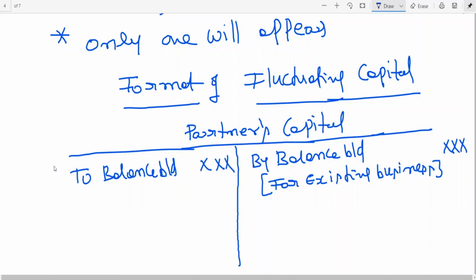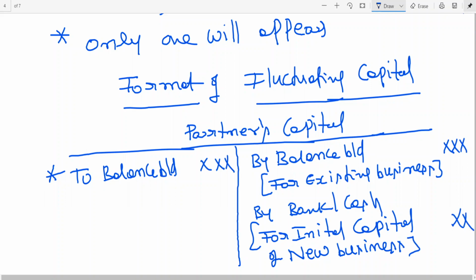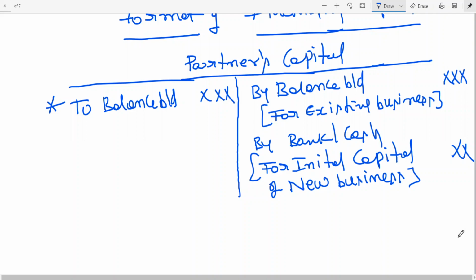Is this clear? So here I am writing only one account will appear. Then by bank or cash. Already you learned, for initial capital of new business.